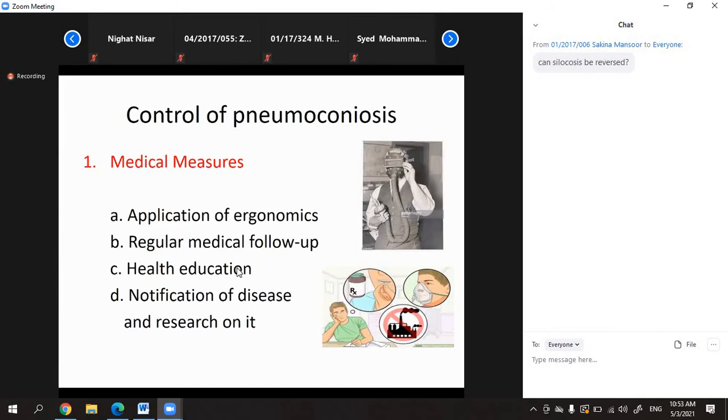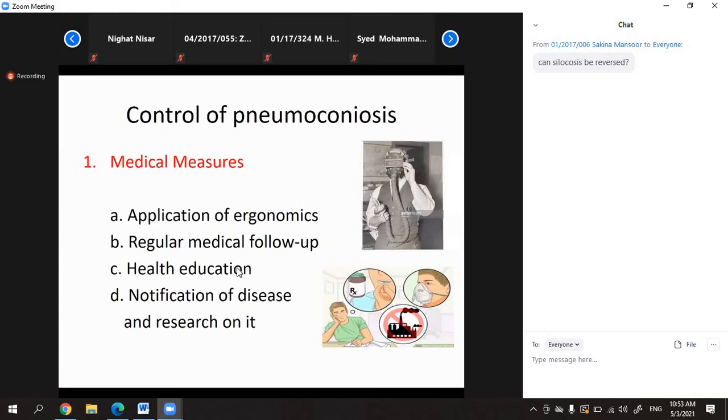Remember, in the last lecture we dealt with ergonomics. Ergonomics is a science in which, in simple words, the job is fit to the workers. So the whole environment is according to the need of the worker, whether it is machines or industries or anything.